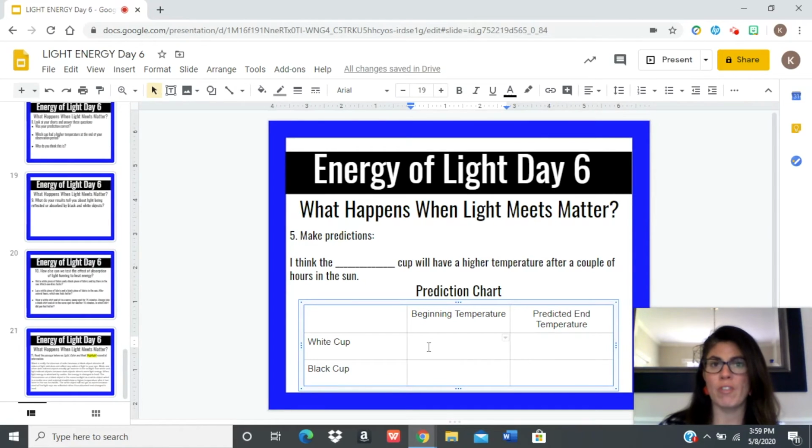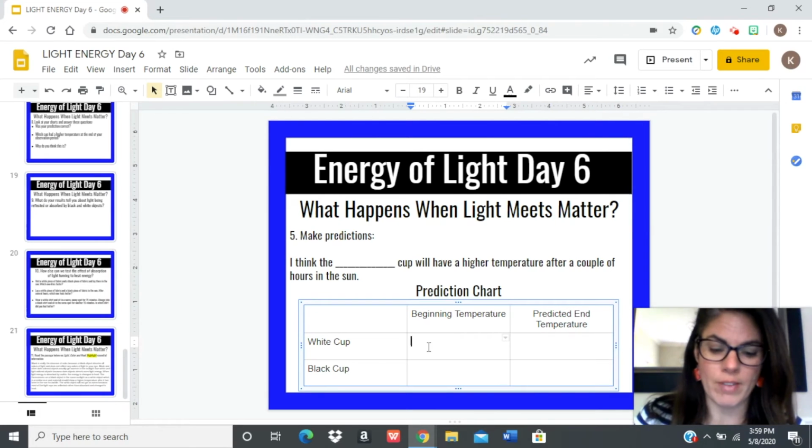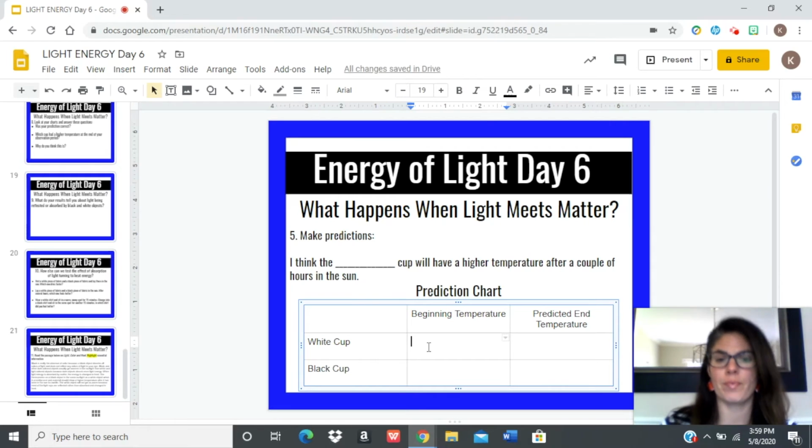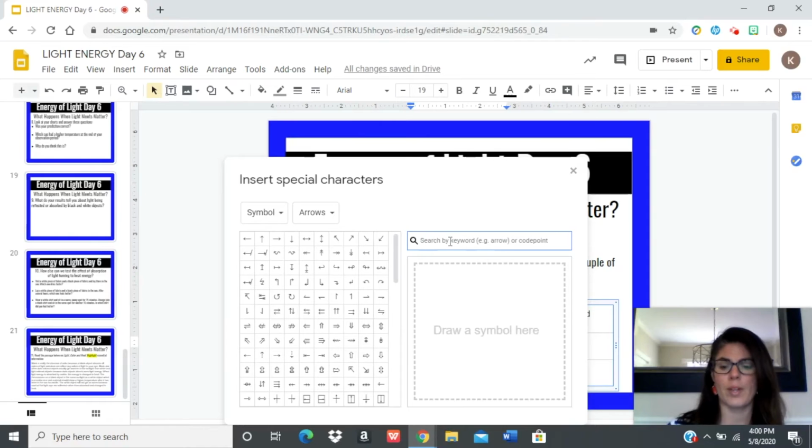My beginning temperature for my white cup was 77.5 degrees. Actually, degrees Fahrenheit. Instead of writing degrees Fahrenheit, I'm going to show you a trick that you can use on your Google Slides. If you go to Insert and select Special Characters, you're going to type in degree into the search box.